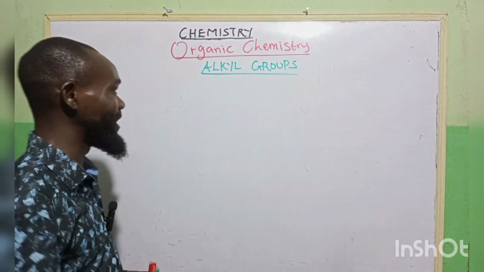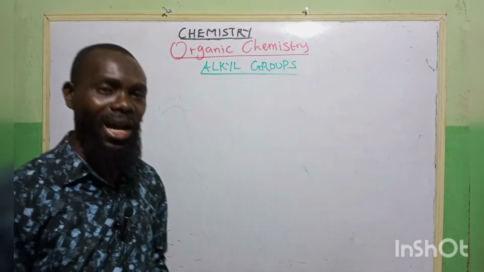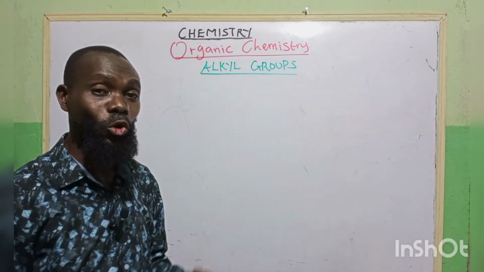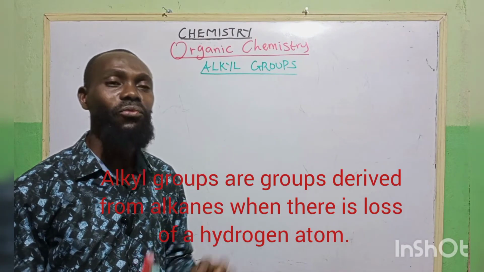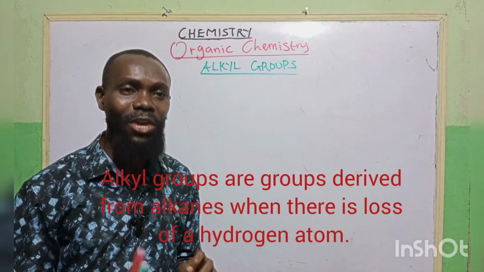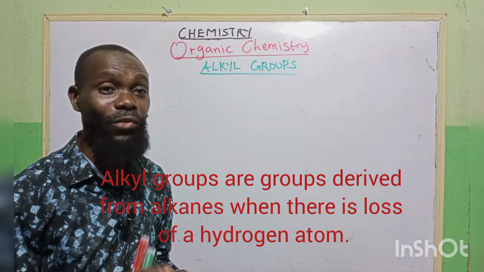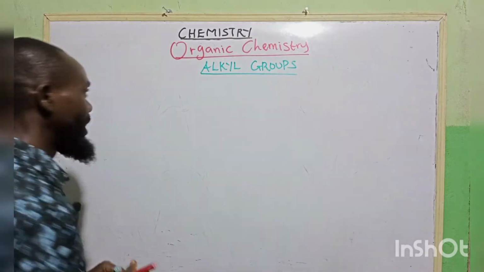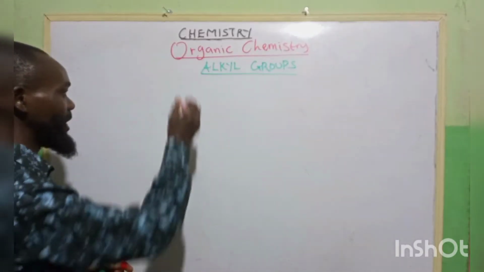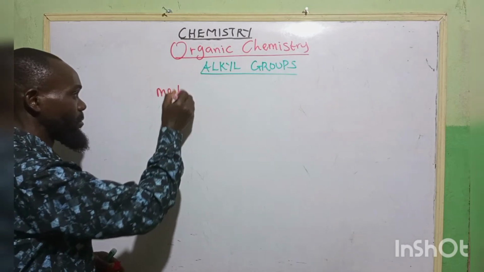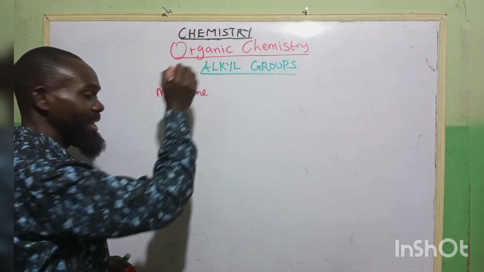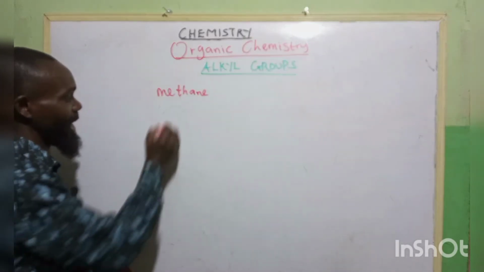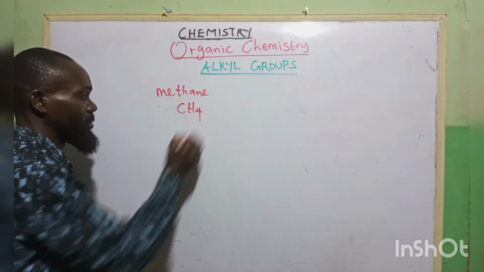Now, what is alkyl? Alkyl groups are groups that are derived from alkanes when there is loss of a hydrogen atom. That is, the first member of alkane is methane with the formula CH4.